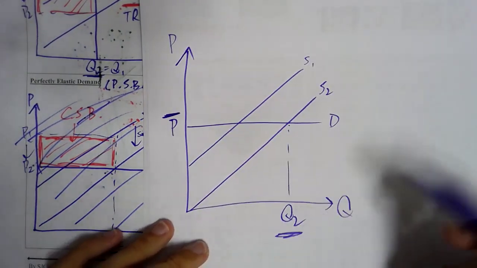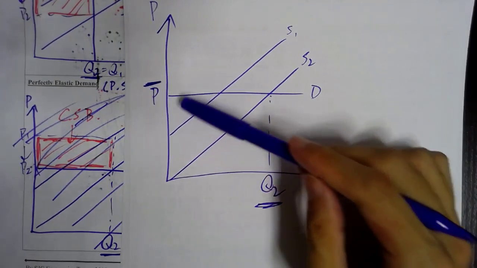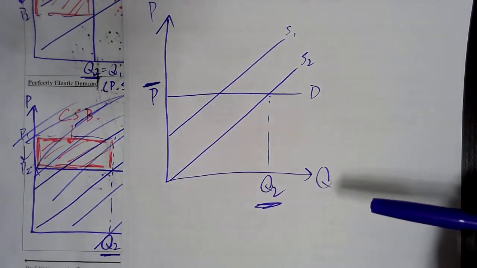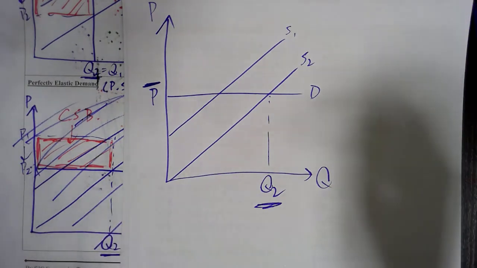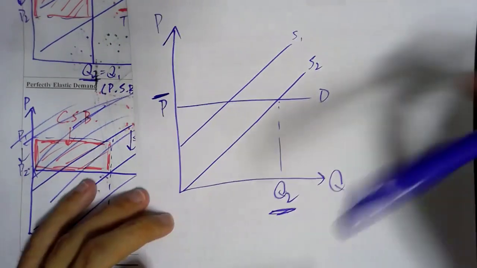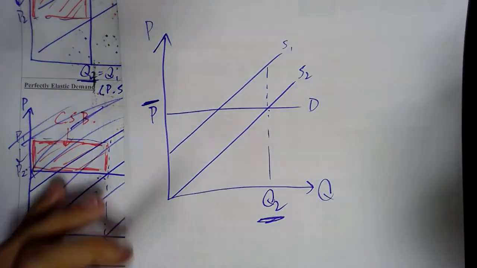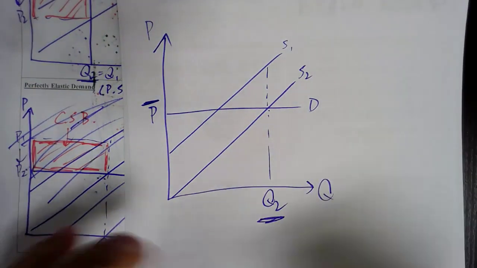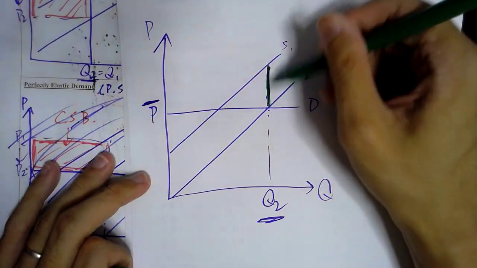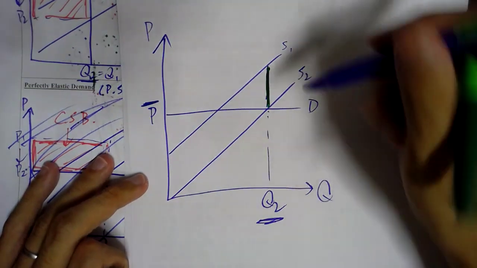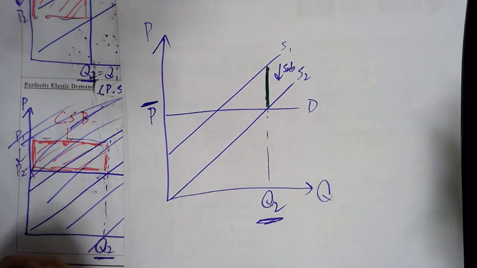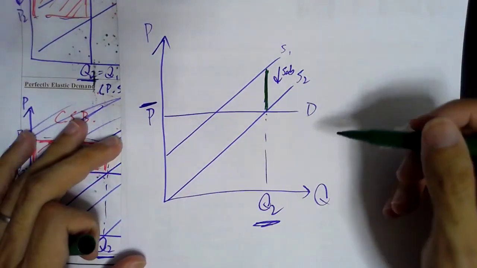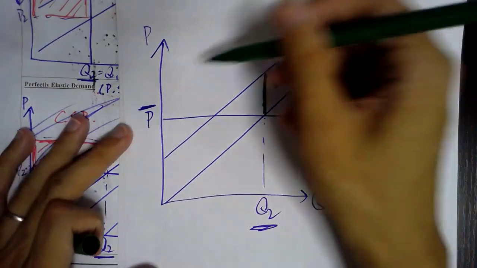Now at Q2, if the price doesn't change, then what happens? We see that Q2 goes all the way up here. This whole subsidy would be enjoyed by the producer because there is no change in price.